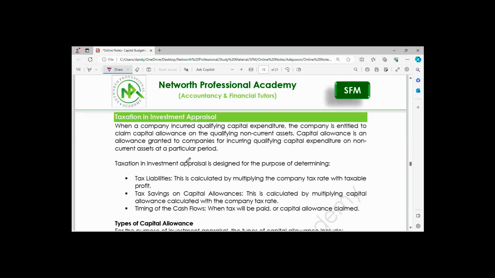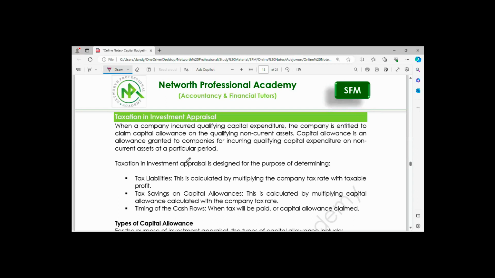Meaning that when a company incurs qualifying capital expenditure on non-current assets, like buildings, motor vehicles, furniture, anything that is capital in nature, once the asset is acquired, the company is entitled to claim capital allowance on those assets.